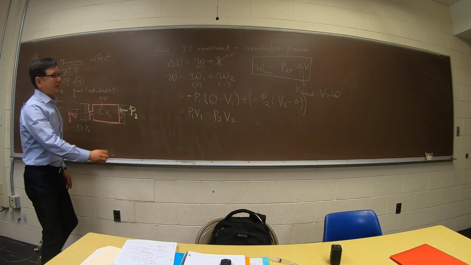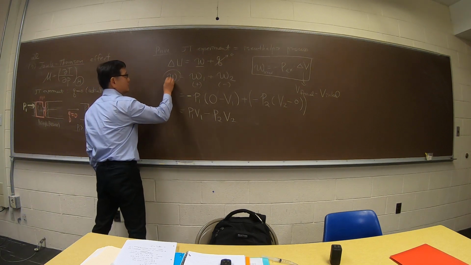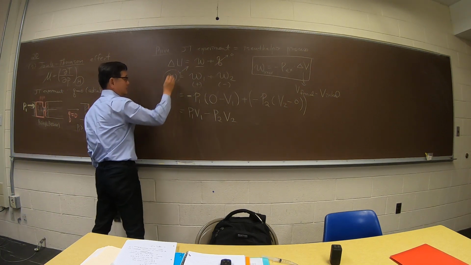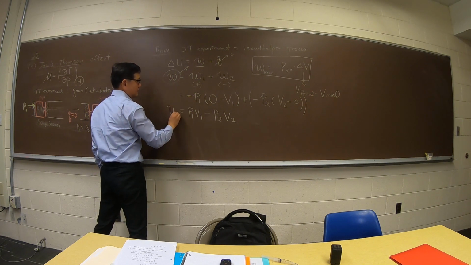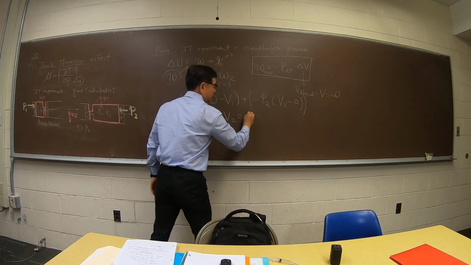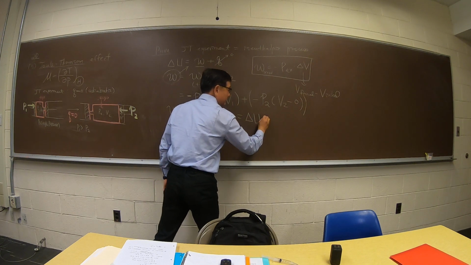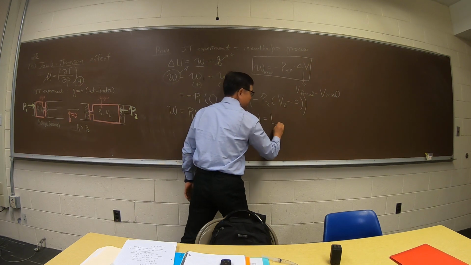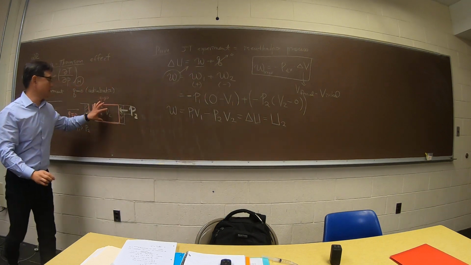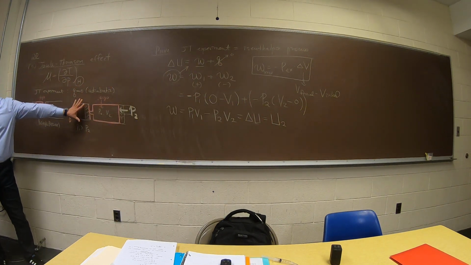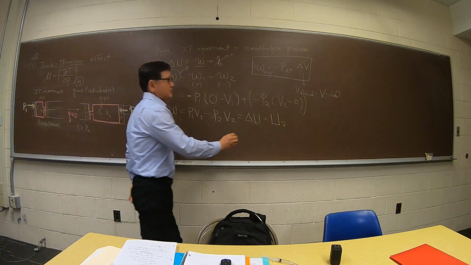And this is not so bad because, according to this, this work is the same as delta U. And what is your U? Final is U2. This is only internal energy. The other side is nothing. And what is your initial?